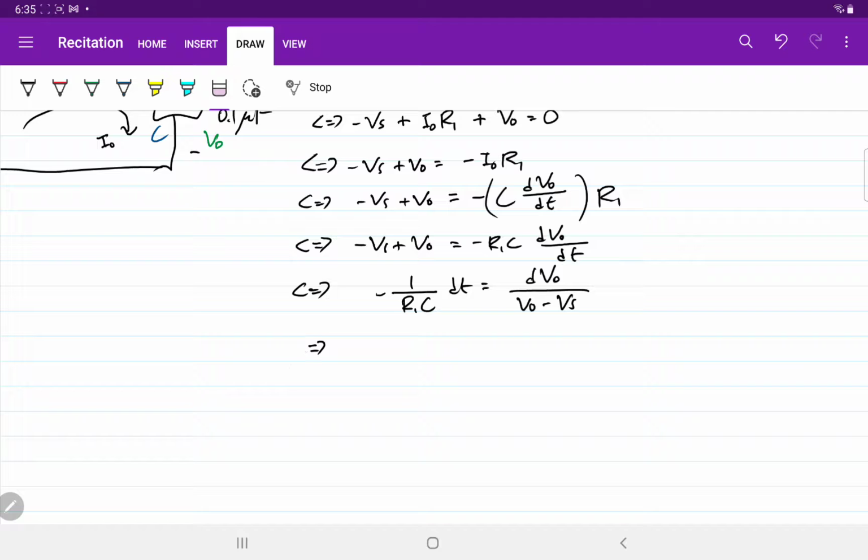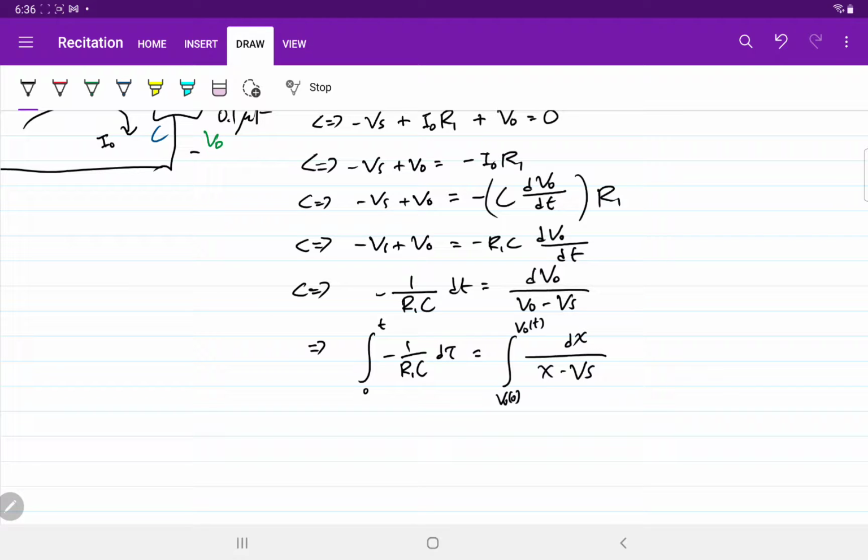We can integrate this, since we start from time 0, so from 0 to t of minus 1 over R1C dτ equals the integration from V0 at time 0 to V0 at time t of dx over x minus Vs.